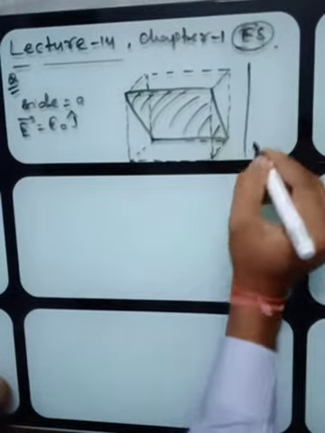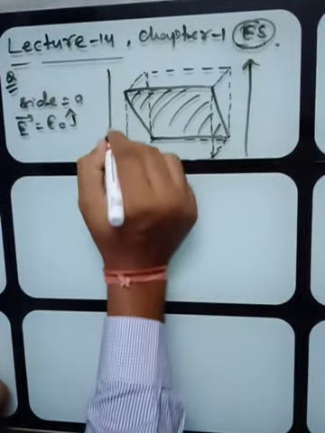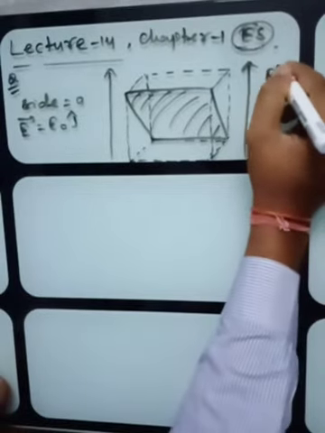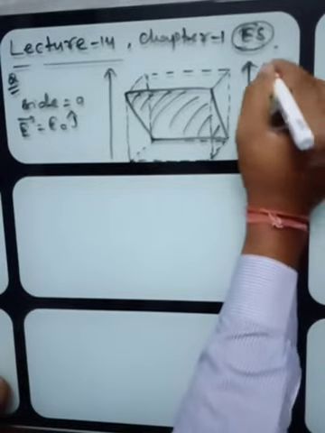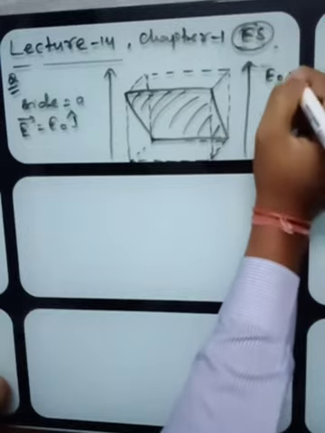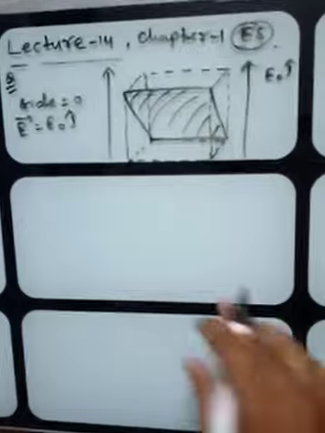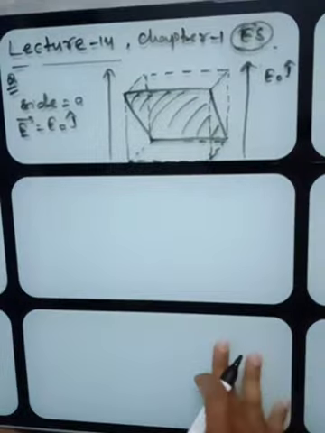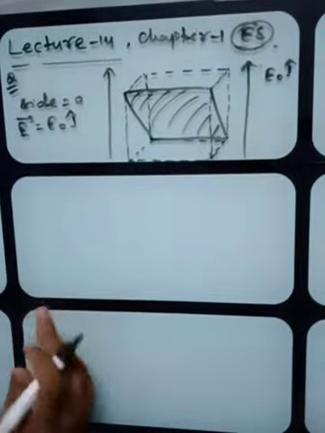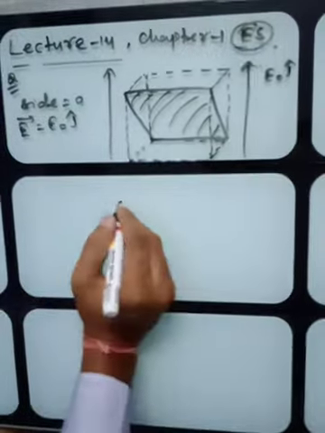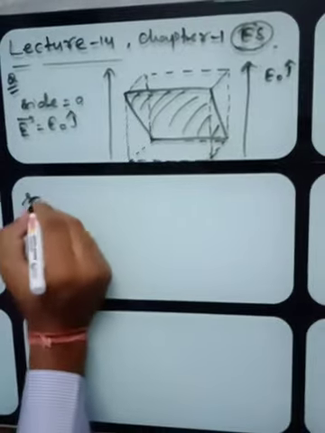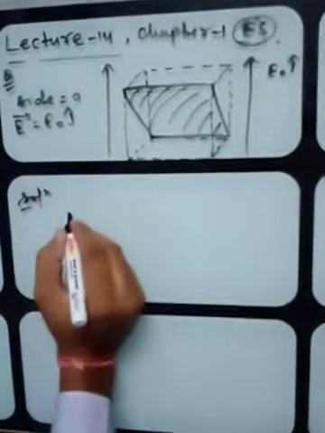The electric field is in the upward direction. A very simple question. E naught j cap is moving in the upward direction, and you have to find out the electric flux by this face only. How will you solve? Pause the video and try to solve. Okay students, now the answer.